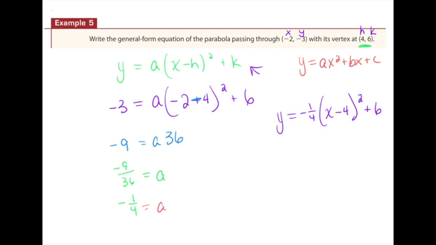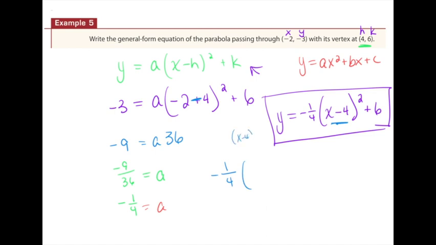If I want to get that into standard form, I'm just going to FOIL it and distribute and simplify, okay? So if I want to go from vertex form to standard form, this is vertex form, so we've already got one form of the equation. But if they want it in standard form, you need to FOIL and distribute. So if I FOIL this, remember, I'm just going to say (x minus 4)(x minus 4). So I'm going to get x squared minus 8x plus 16 when you FOIL that all out. And I still have that plus 6.